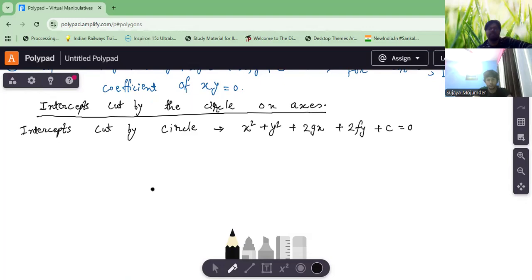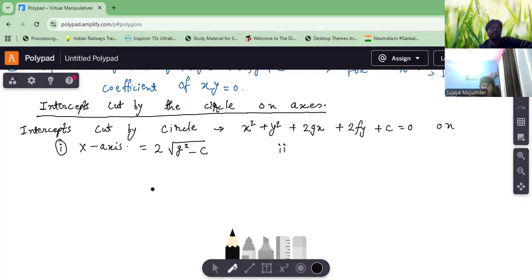In the first part, I am saying it is the intercept cut by the x-axis. If it is cut by the x-axis, then the length of the intercept is 2 times root over g squared minus c.